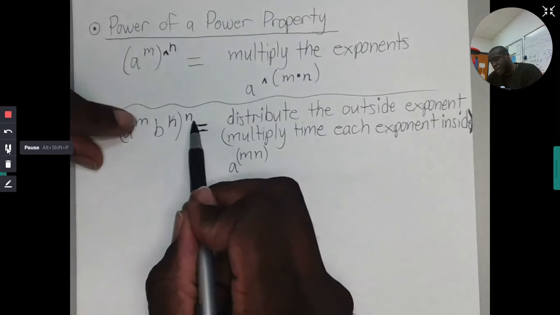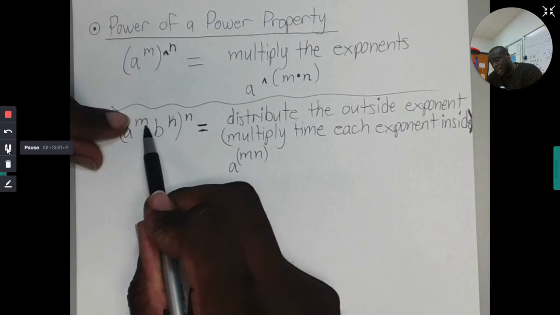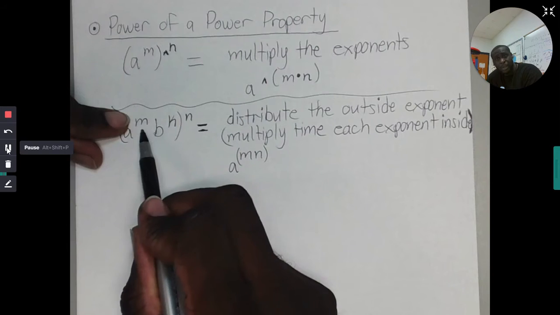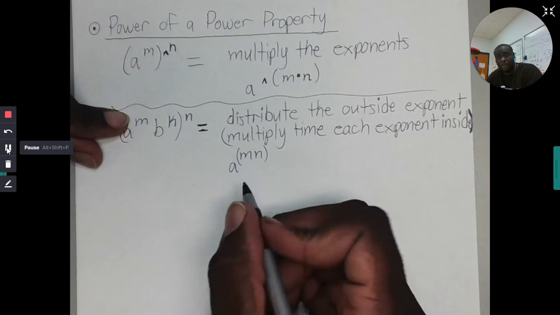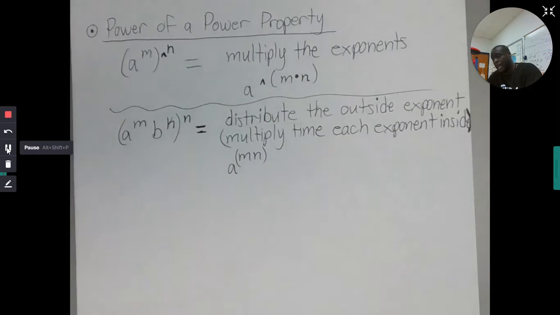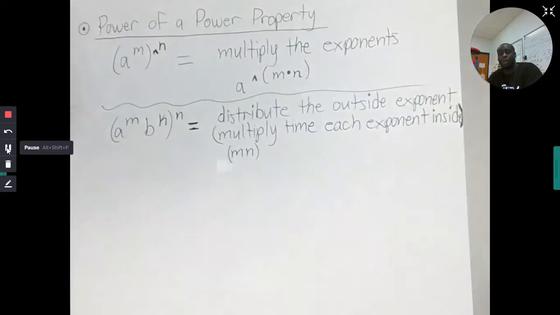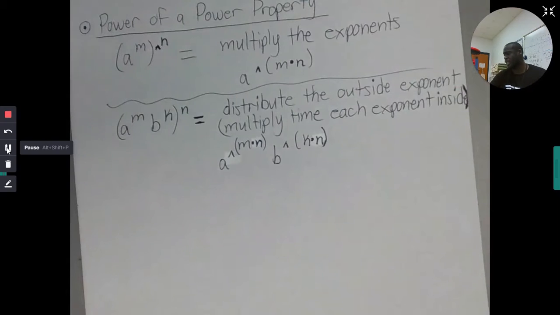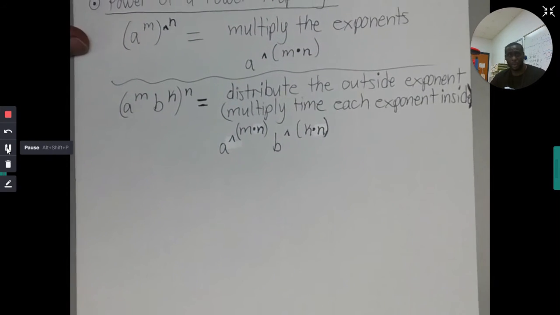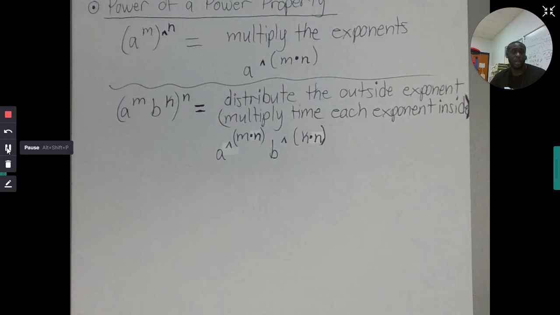You distribute that outside exponent to the first one, so it'd be a raised to the m n power, and it would be b raised to the k n power. And of course, I'm going to give you some examples to make sure you see how this works out when there are numbers involved.